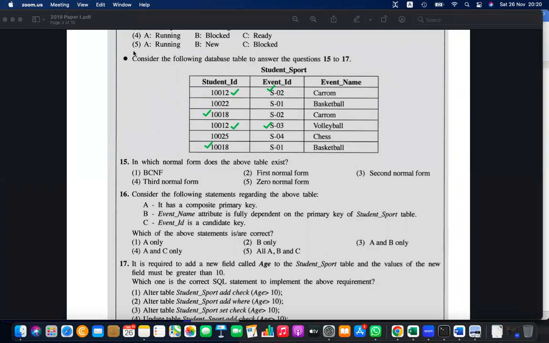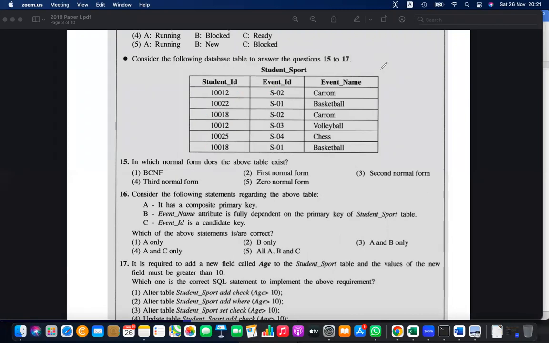Now you may have a doubt whether it violates the second normal form. Can you remember what the second normal form issue is? In 2NF, what can you see?